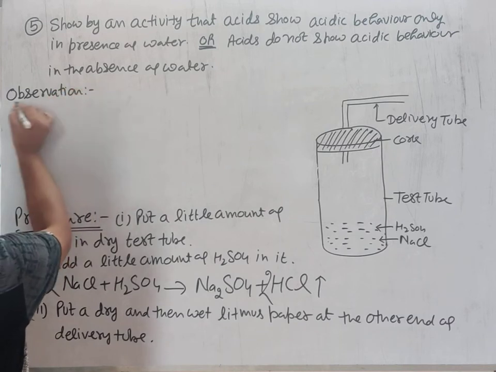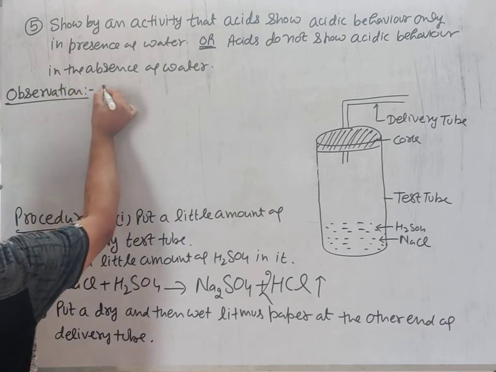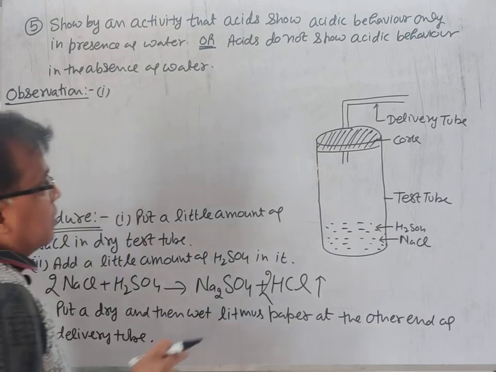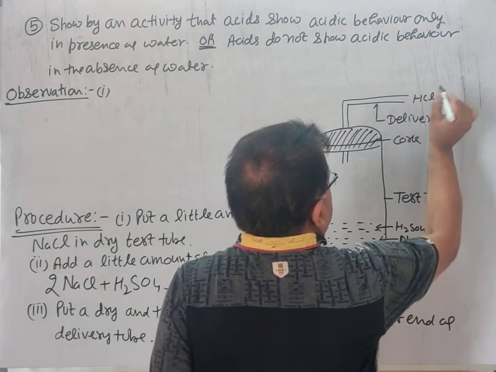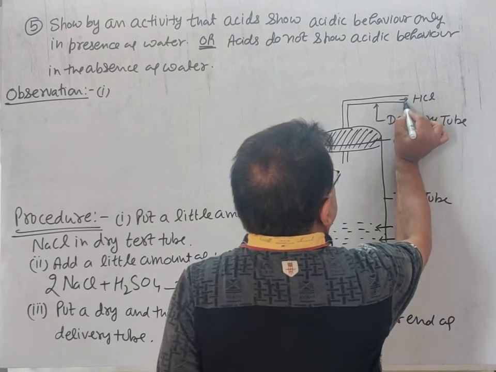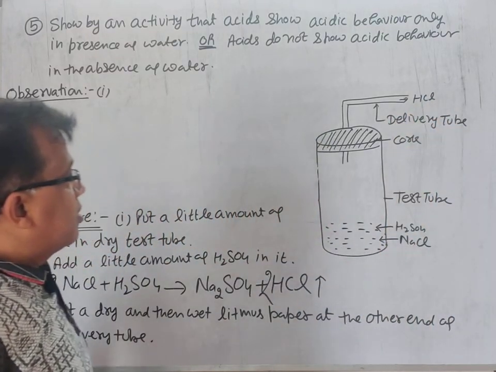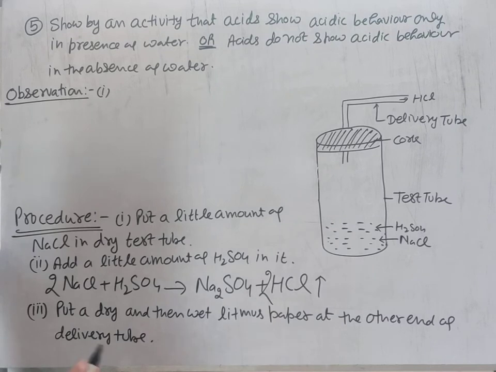Observation. HCl gas is coming from here and there is dry litmus paper. We know HCl gas is acidic, but there is no change in the color of the dry blue litmus paper.